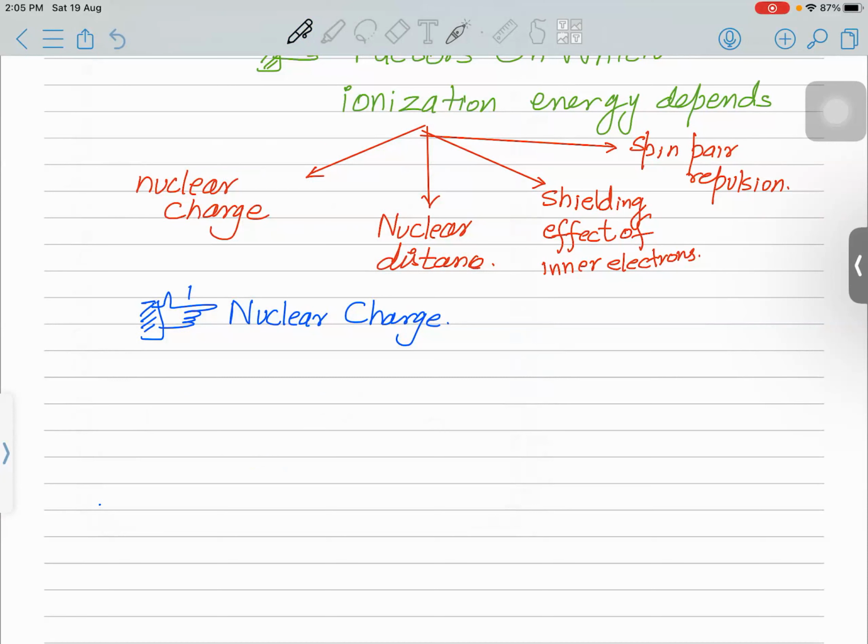So nuclear charge means number of protons.